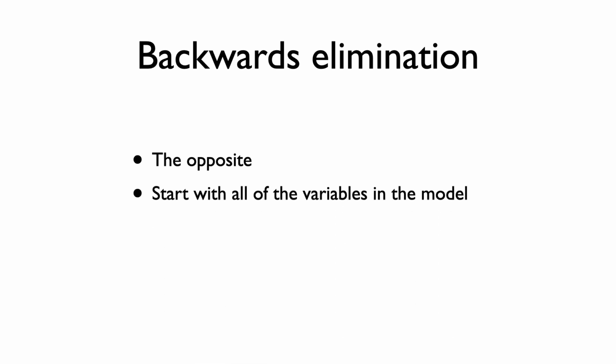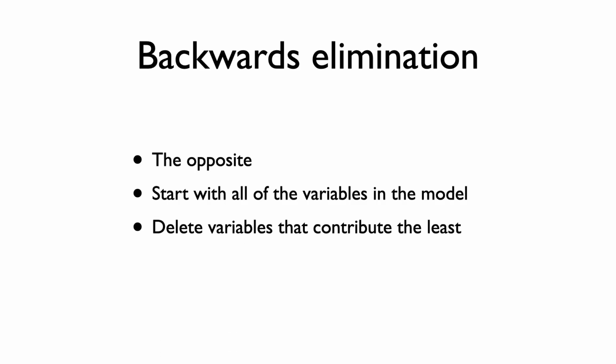Then you go backwards, which you can probably guess is the opposite. What you do in backwards elimination is you start with all the variables in the model, all of them. So let's say with the cigarettes per day data set that has 23 variables in it, you put them all in. And then you start removing ones that contribute the least.